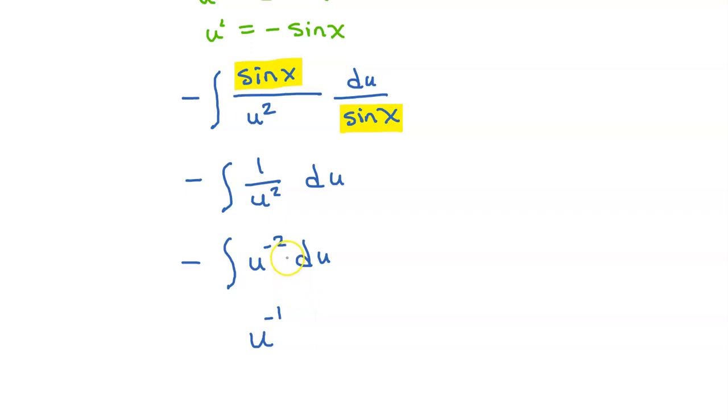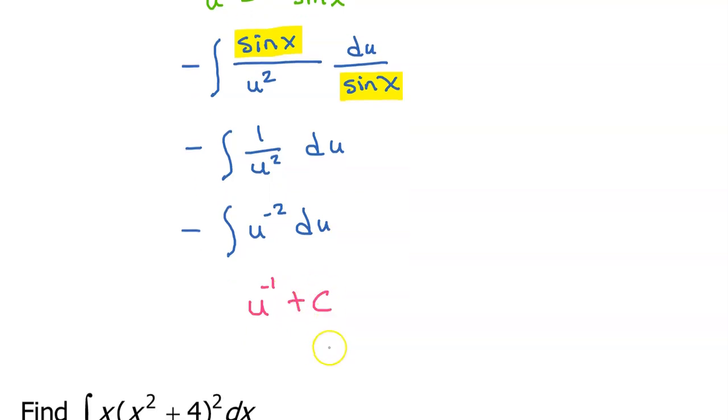And then when we divide by this new exponent, it's going to cancel out the negative sign in the front. So we just have u to the negative 1 power plus c. I think I'm going to write this in red. It's my tradition. u to the negative 1 power plus c.